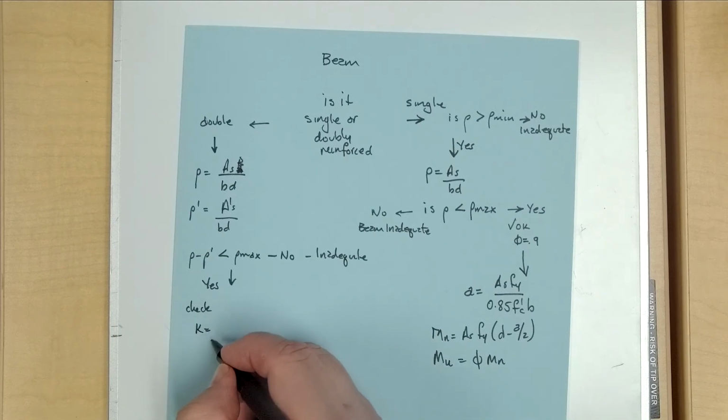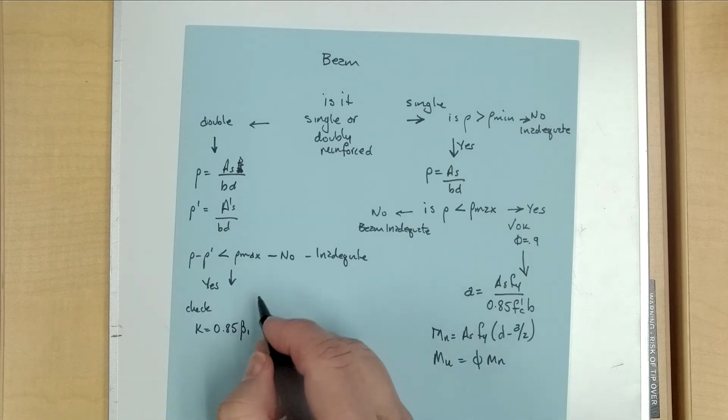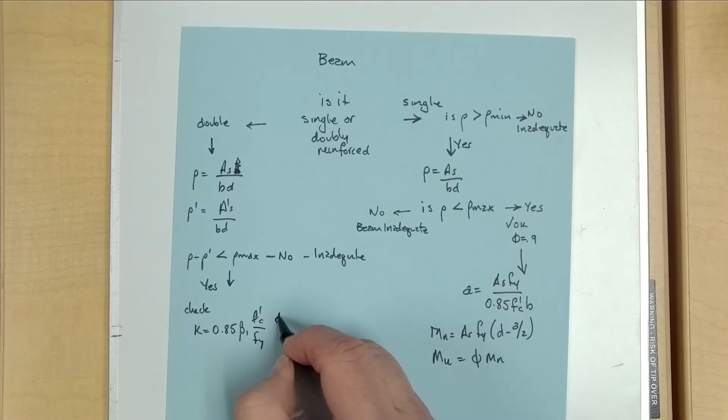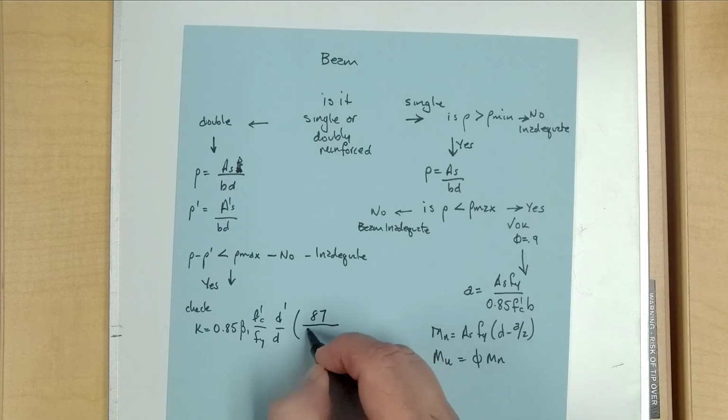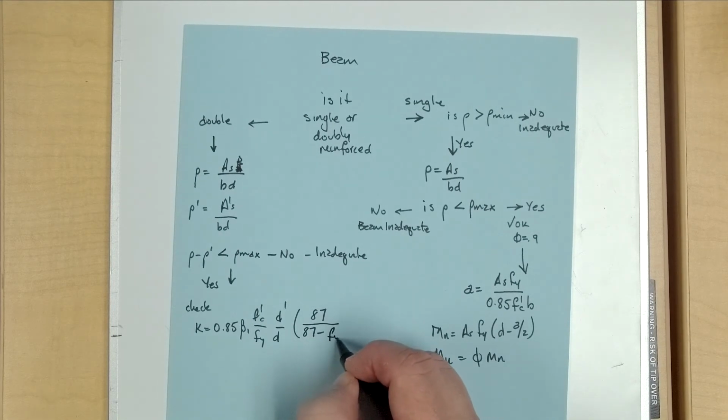K is equal to 0.85 beta 1 f'c over f_y, d prime over d, 87 divided by 87 minus f_y.